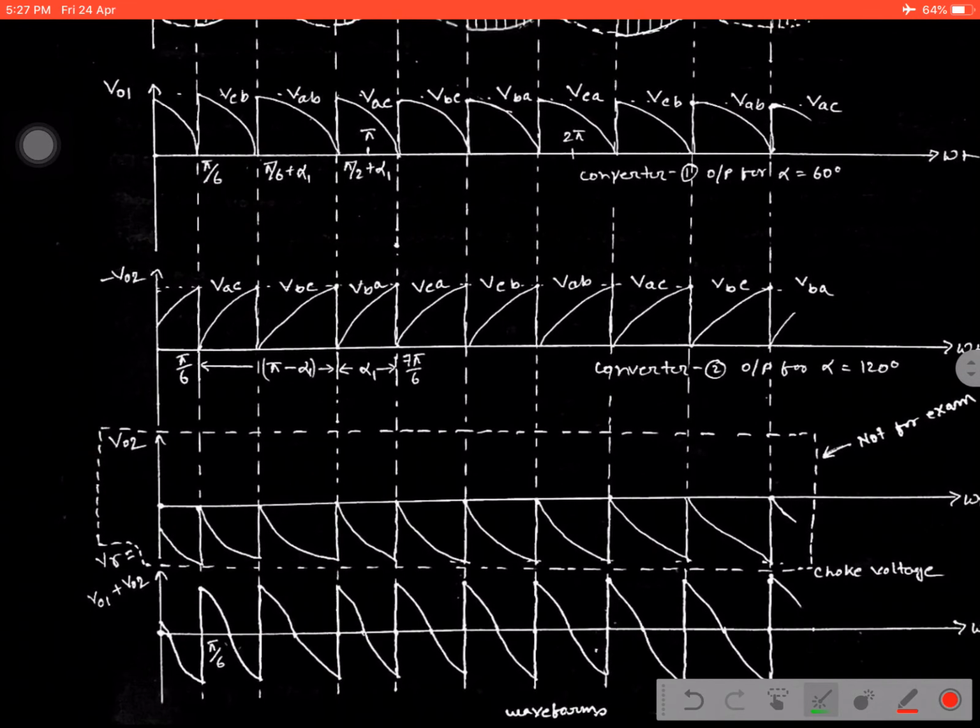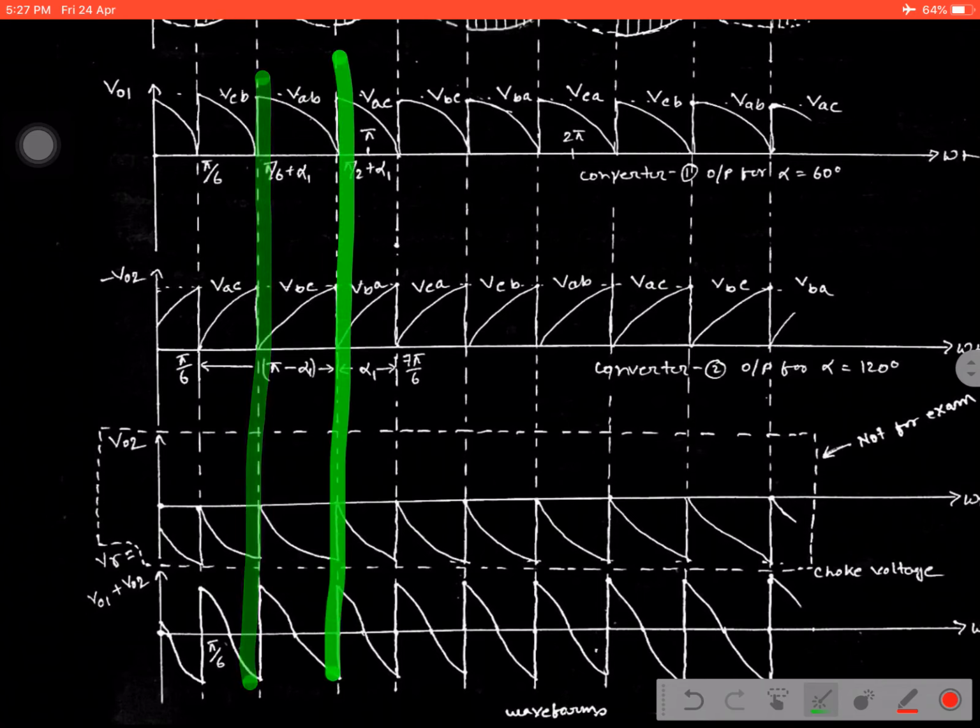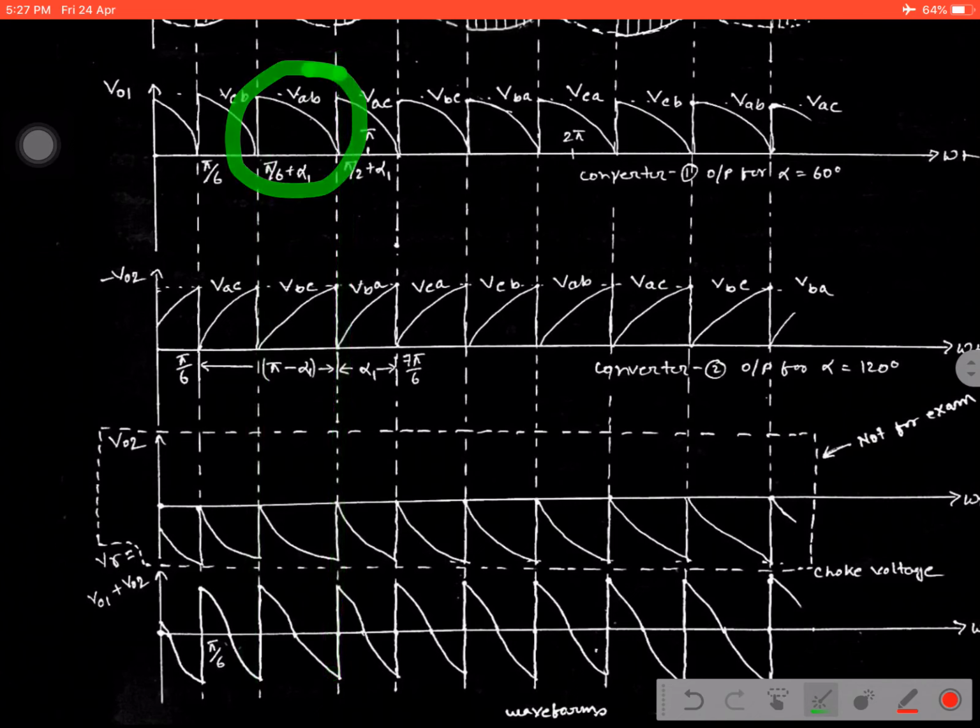We have taken this particular region and this region, where VAB is involved, pi by 6 plus alpha 2, pi by 2 plus alpha 1, and where minus VBC is involved. After adding these two parts, it gives this kind of shape, which is called the instantaneous voltage difference.